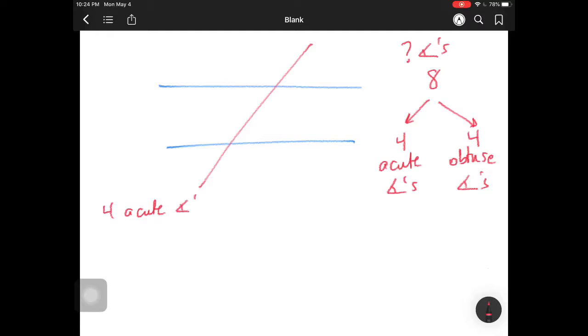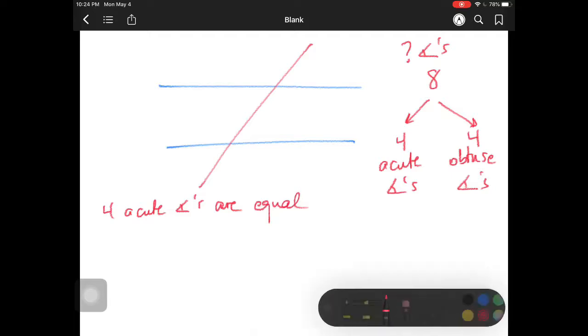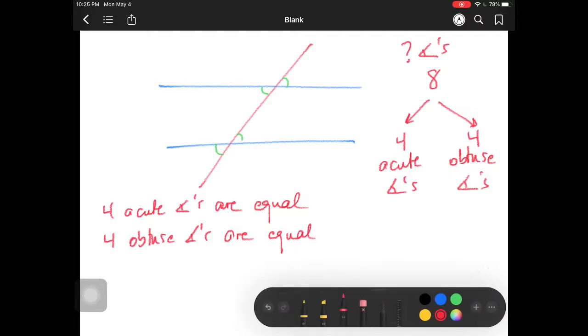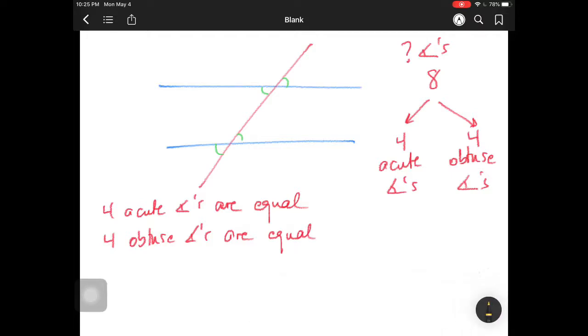So the 4 acute angles are equal, which means this angle equals this angle equals this angle equals this angle. And also the 4 obtuse angles are equal to each other, which means that this angle equals this angle equals this angle equals this angle.